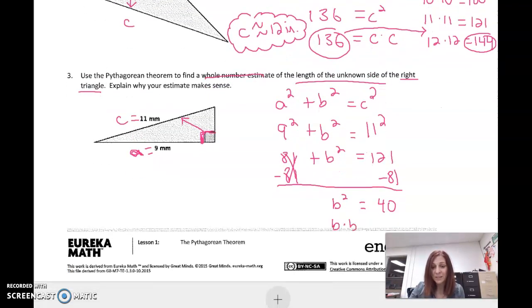What number times itself equals 40? Well, 6 times 6 I know is 36. 7 times 7 is equal to 49. Which one is 40 closer to? It's going to fall right in between there, between 6 and 7. It's actually closer to the 36, isn't it? So we'd say b is approximately equal to 6.